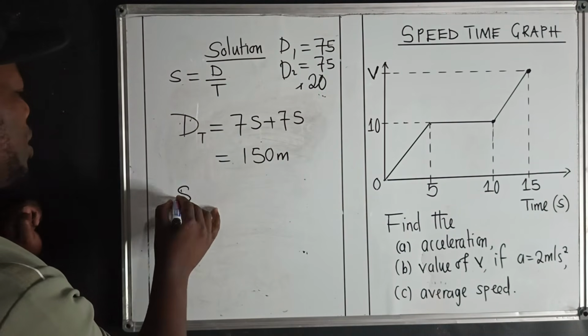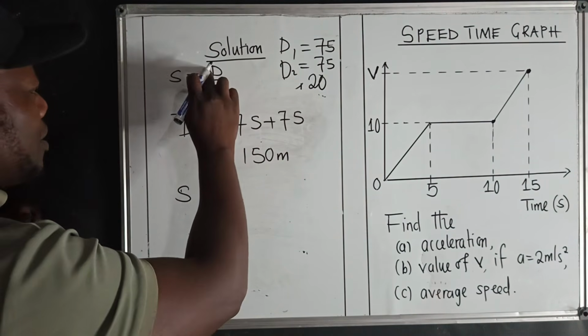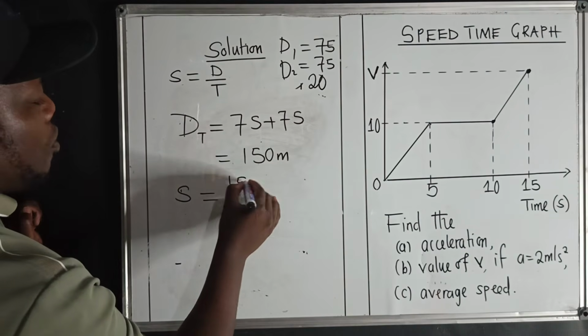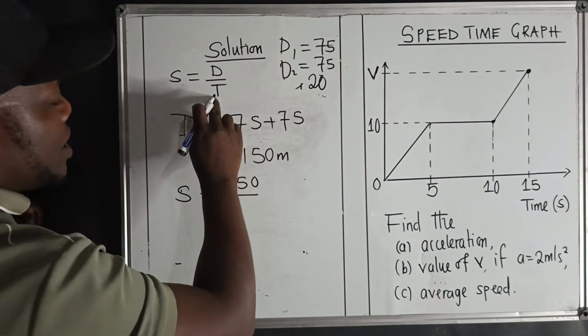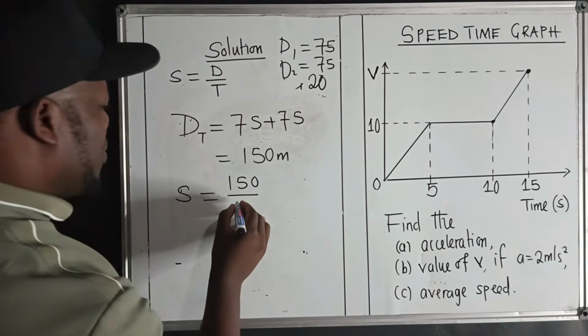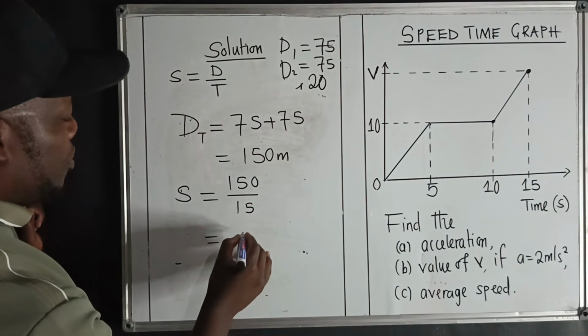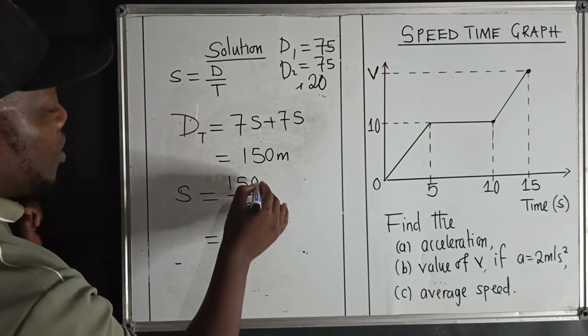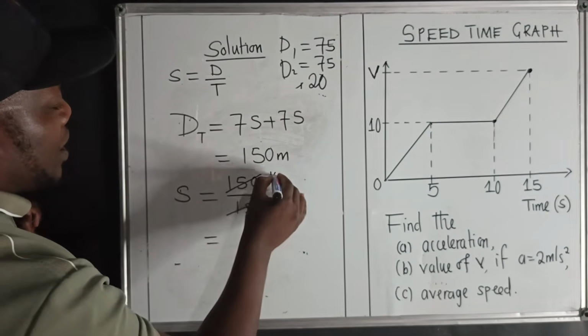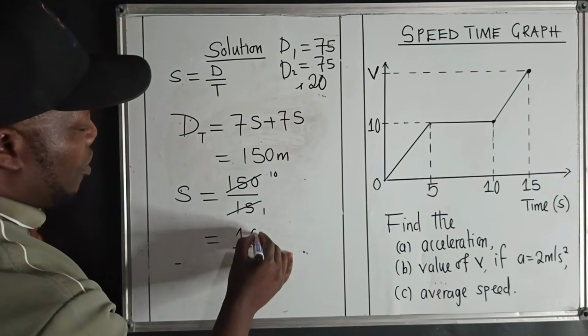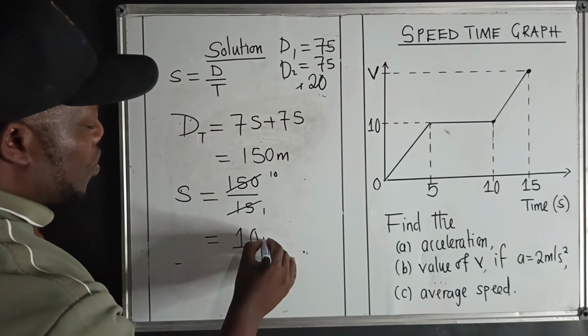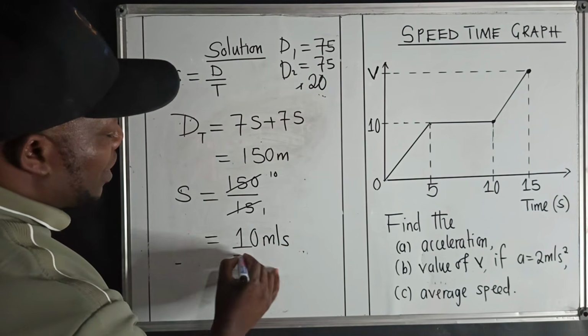So now we can say speed is equal to distance, which is the total distance, 150 over the time. From here to here, it's a 15. And when we simplify here, 15 into 15, it's a 1. Into 150, it's a 10. So the average speed is equal to 10 meters per second.